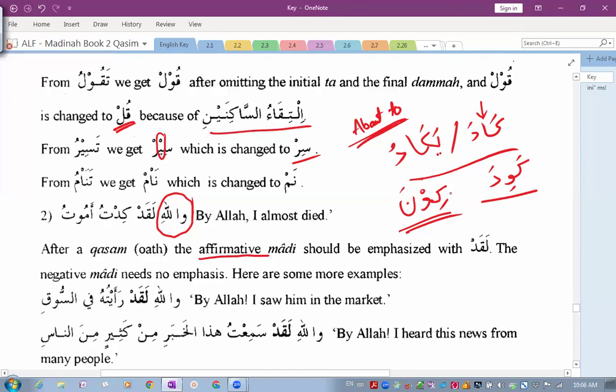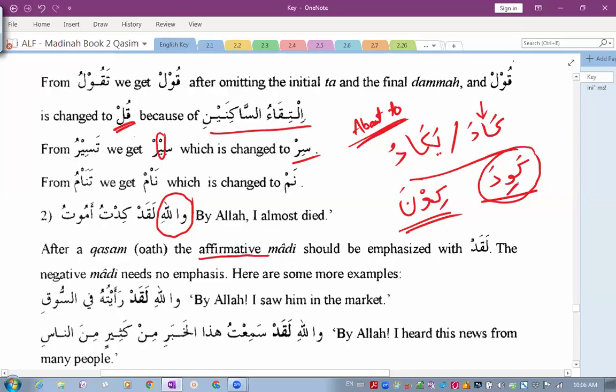Kavida, yes, Bab Samia. So it is the EA group, kavida yakwudu. Samia yasmau. So with kavida, the way we are learning is that from hunna it starts taking a kasra.